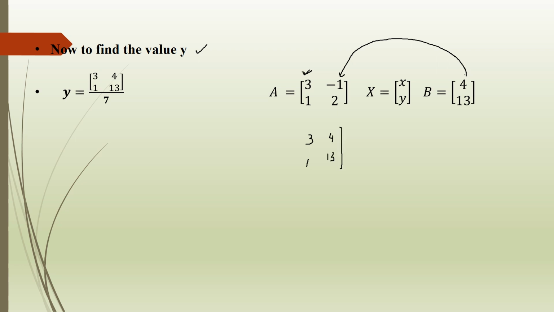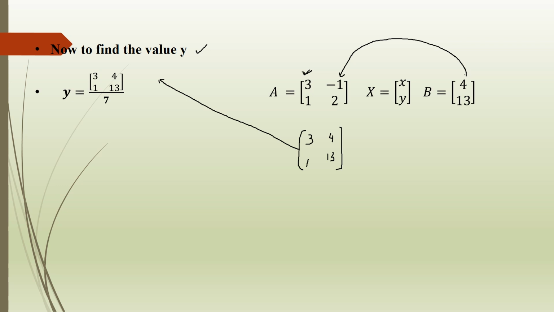Now to find the value of y, the second column will be replaced by b. Now take this matrix and find its determinant.